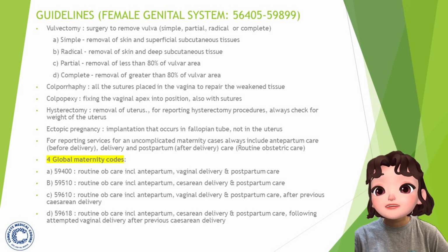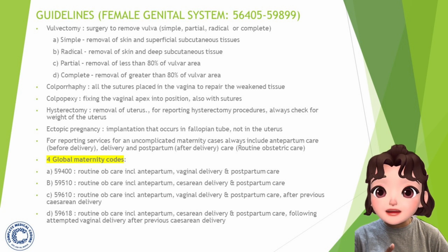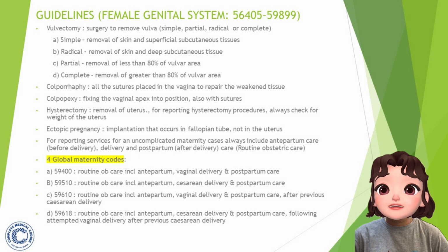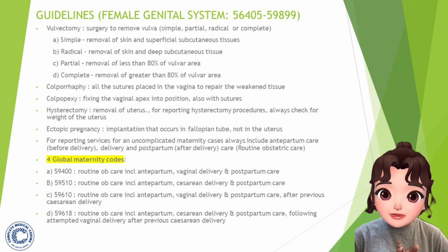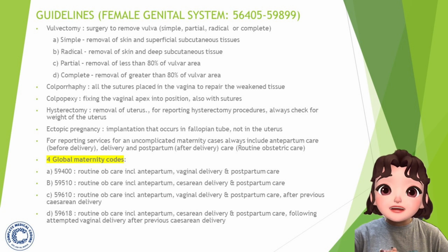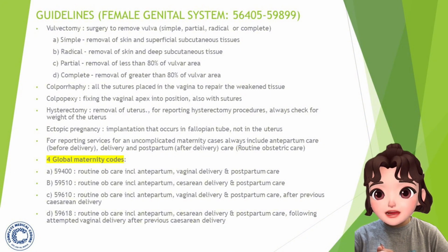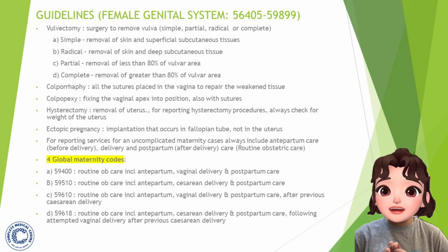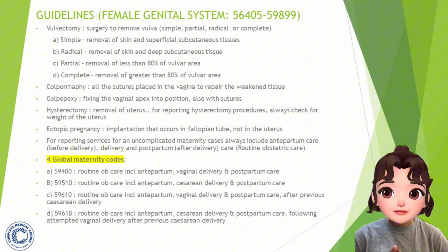How about 59618? Routine obstetric care including antepartum, cesarean delivery and postpartum care following attempted vaginal delivery after previous cesarean delivery. This means the previous was a cesarean delivery and currently they have attempted a vaginal delivery, a normal delivery, but it did not succeed. It failed. In that case, an emergency cesarean delivery will be conducted.